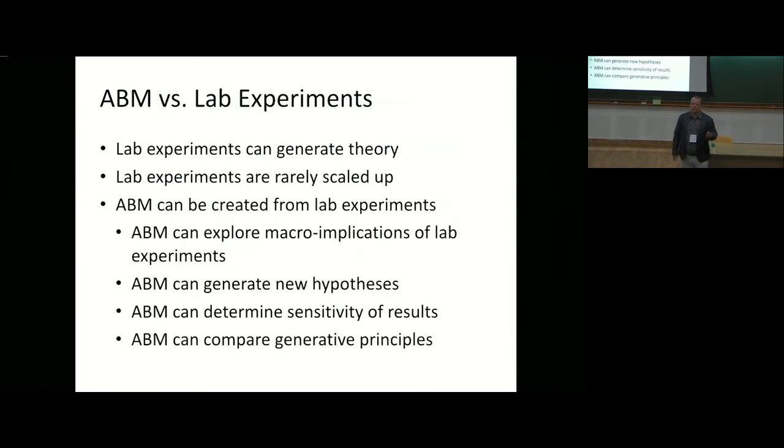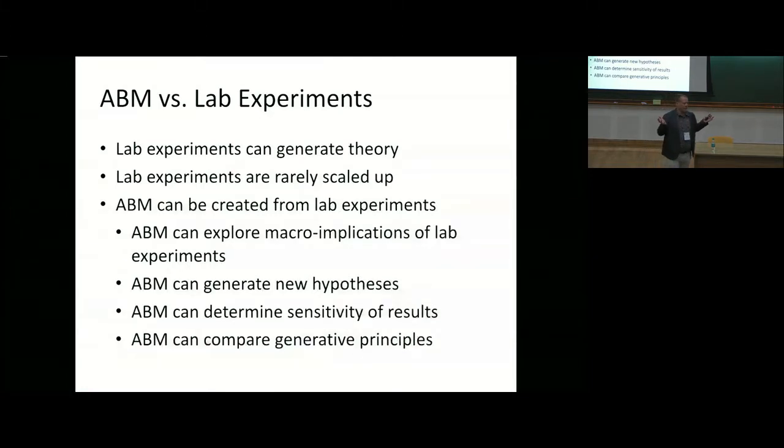Lab experiments. Agent-based models can complement lab experiments, right? And this is exactly what Ned and I did. Lab experiments generate theory about the way people might behave, but they're rarely scaled up. People don't often do a lab experiment on 20 undergraduate psychology students and then say, oh, what will happen if 1 million people were to operate on that?